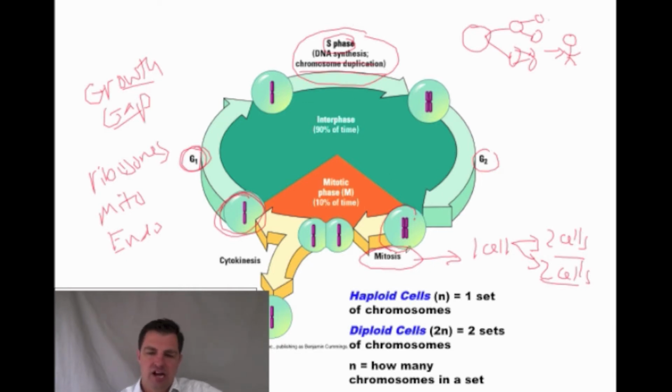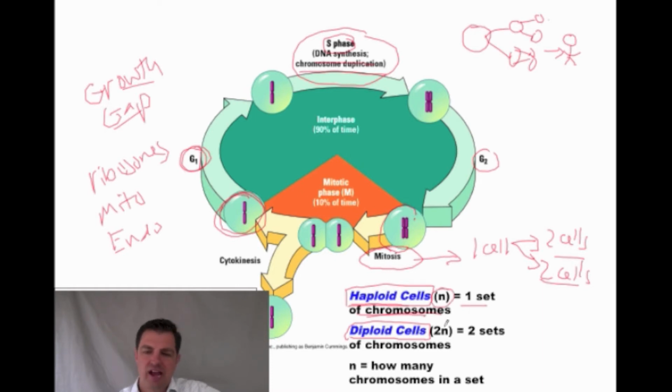Now, I should also point out that we have two ways we can define cells based on the number of chromosomes they have. We have diploid cells and we have haploid cells. Haploid cells have one set of chromosomes in them, and we usually use a letter N to represent that.